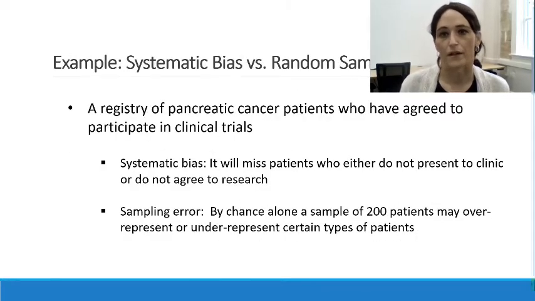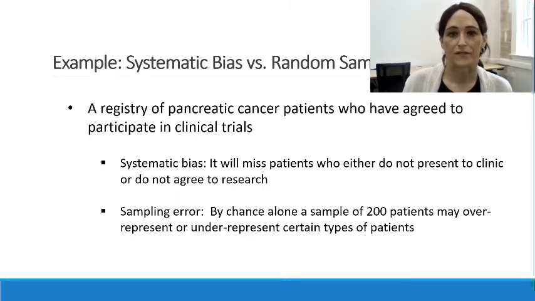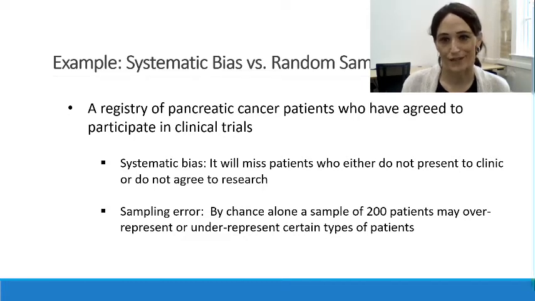So here's an example of a difference between what I'm talking about in terms of random sampling error versus systematic error or systematic bias. If we have a registry of pancreatic cancer patients who agreed to participate in clinical trials, a systematic bias here, which you probably already figured out, is that we're going to miss patients who do not present to a clinic or do not agree to participate in research.